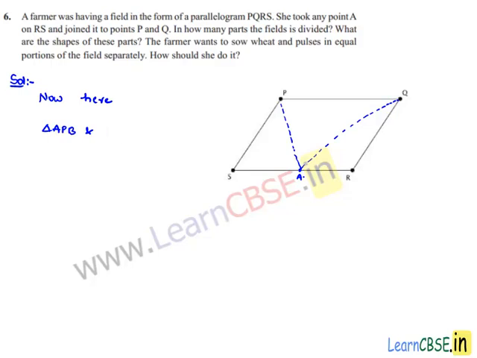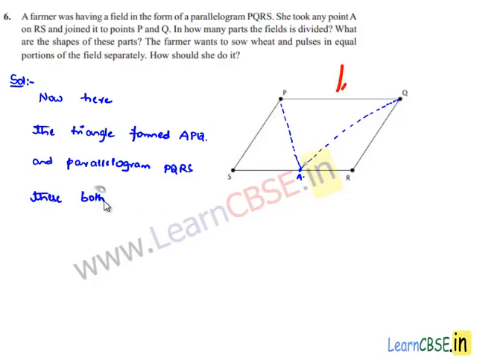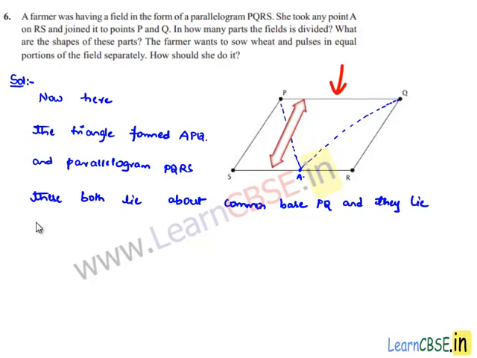Here initially we have a field in the shape of parallelogram, that is PQRS. These both lie about the common base PQ and they also lie between the common parallels, that is PQ and RS.